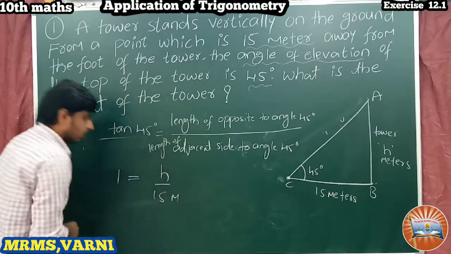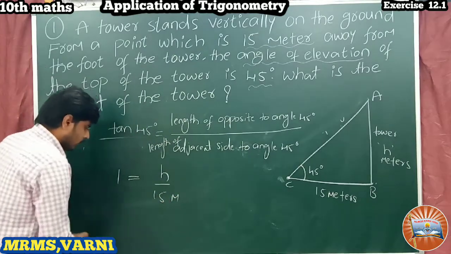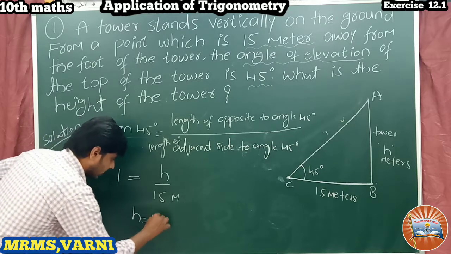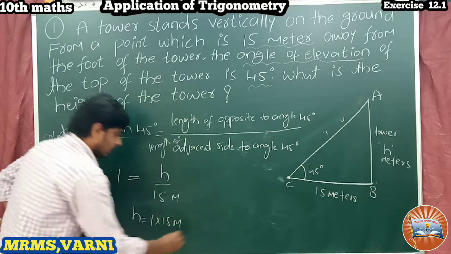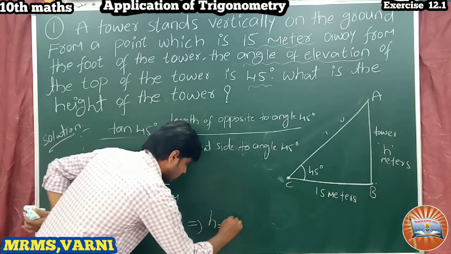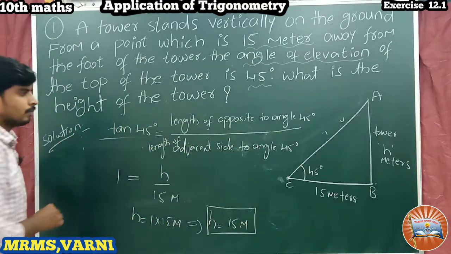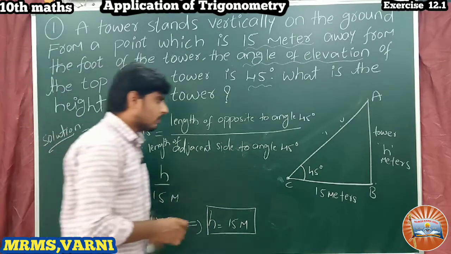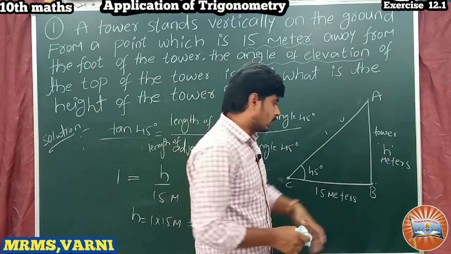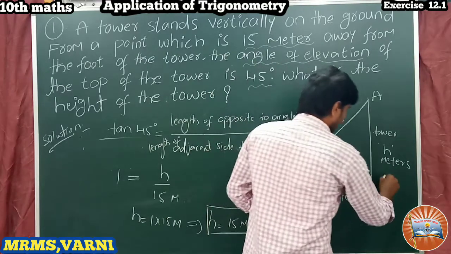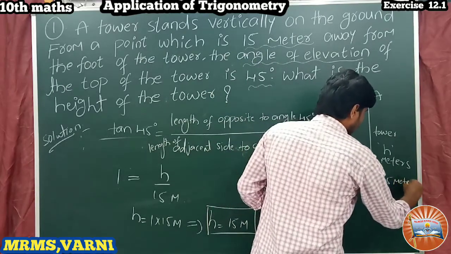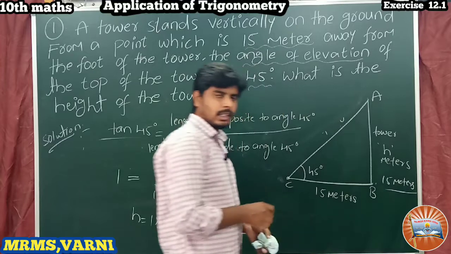Taking the cross multiplication, we get H is equal to 1 into 15 meters, that is H equals 15 meters. So the height of the tower is 15 meters.